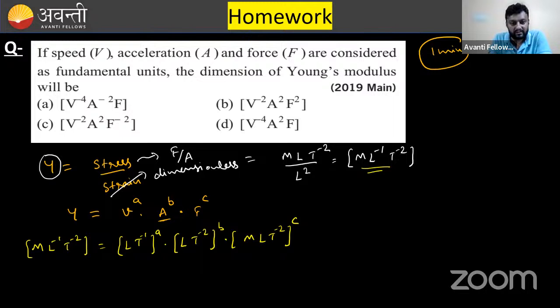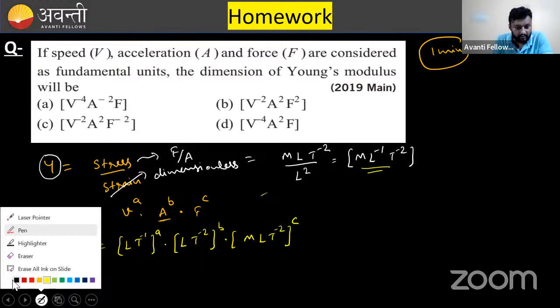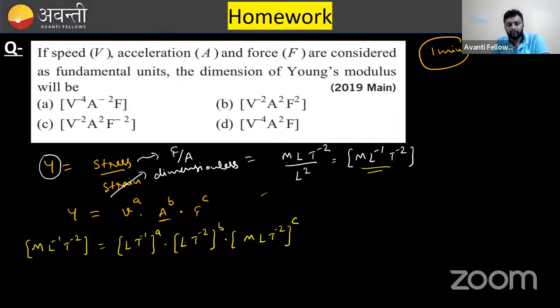So that might be a situation. Kolhapur is saying option C is correct. Okay, a lot of options are coming as C, so let's solve it, and after that we will observe. First of all, solve it for M. M is not here, only here. So M has a power c, and in this case M has a power 1. So we can say that c is equal to 1.